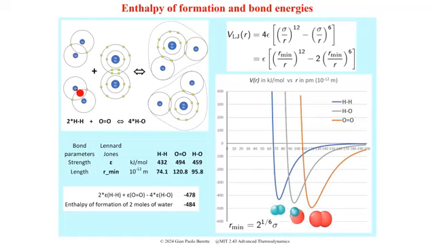So, for example, this is the reaction of formation of water, of 2 molecules of water from 2 molecules of hydrogen, of molecular hydrogen, and 1 molecule of oxygen. In order to go from this configuration to this configuration, you have to break these 2 hydrogen bonds and the oxygen bond, and then reassemble in this other way.